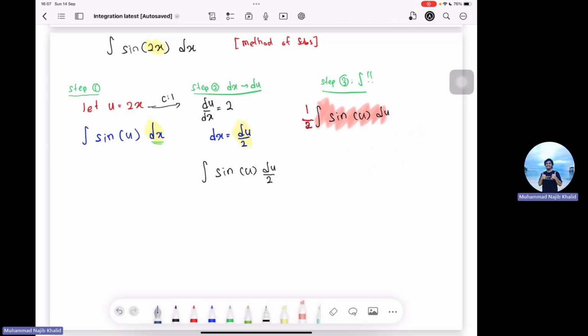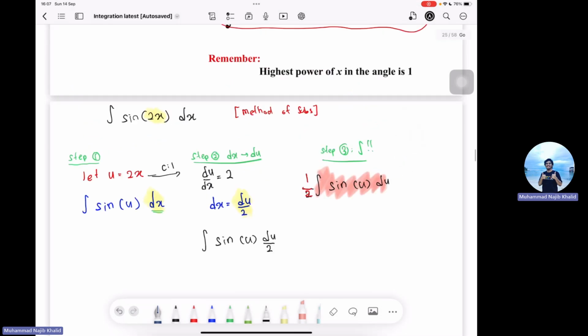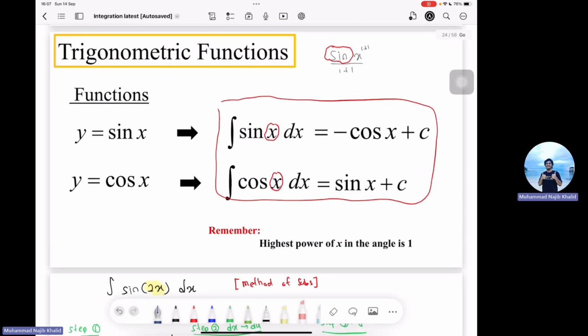From earlier, we know that the integral of sine x dx becomes negative cos x. If I switch the variable, the integral of sine u du gives us negative cos u plus c.